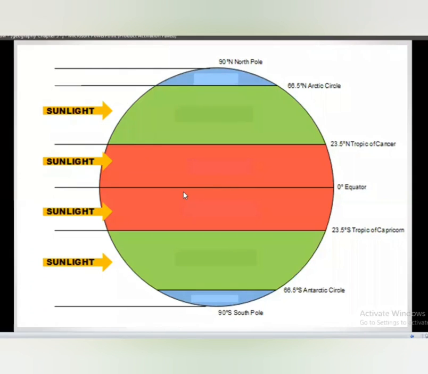This zone, starting from Tropic of Cancer to Tropic of Capricorn, is known as the torrid zone.